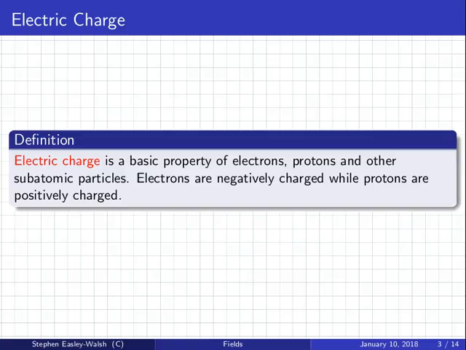What I mean by basic property is that it's something like mass or volume. It's a feature, a property of the atom. So I suppose you can just write down: electric charge is a basic property.